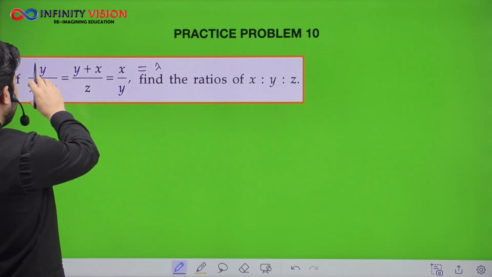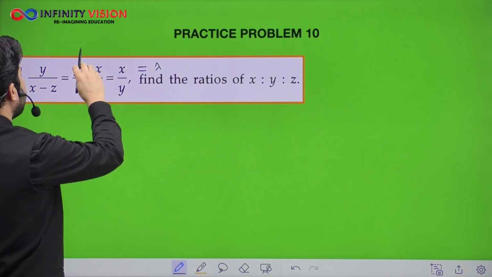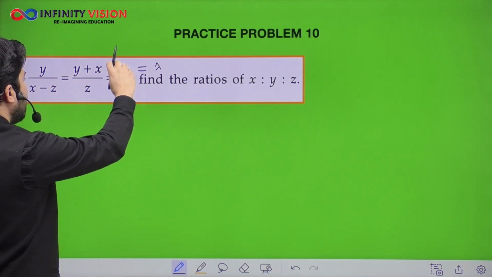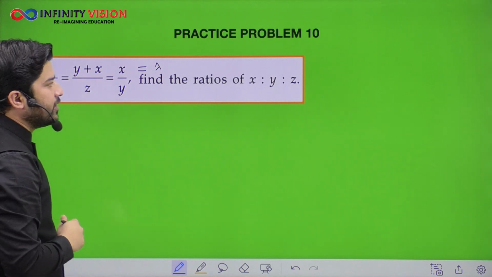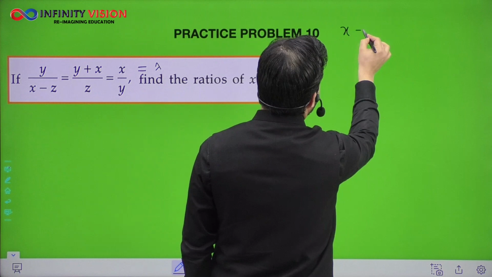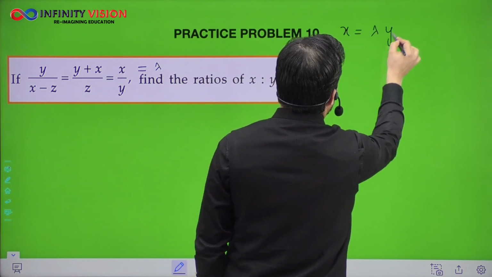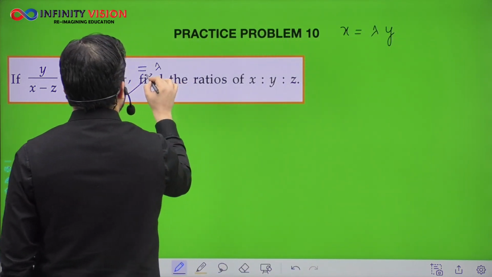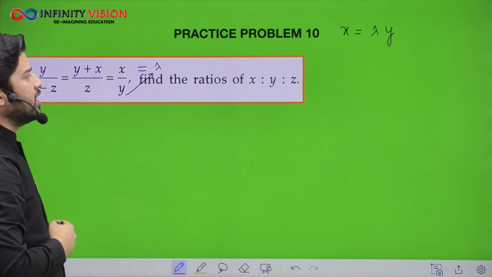So y upon x minus z equals lambda, y plus x upon z equals lambda, and x by y equals lambda. Now when I see x by y equals lambda, I can write x is nothing but lambda into y.